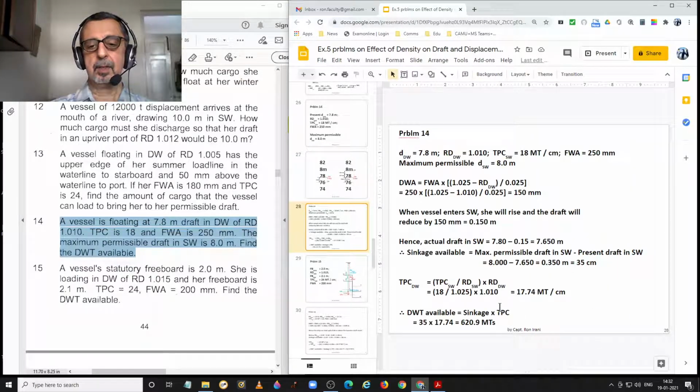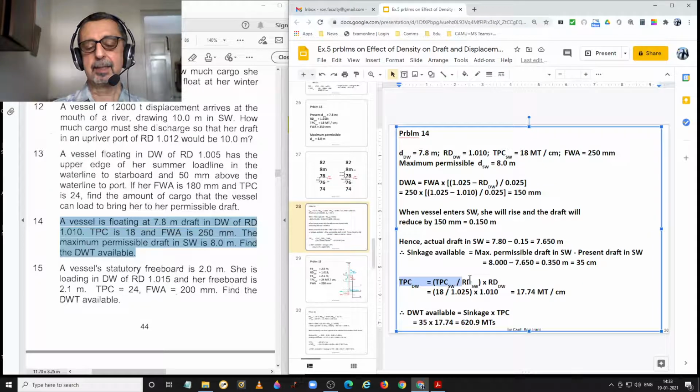Now, we have to convert the TPC from salt water to dock water, and as I explained earlier, TPC in dock water is equal to TPC in salt water divided by relative density of salt water multiplied by the relative density of dock water, giving us 17.74 metric tons per centimeter.